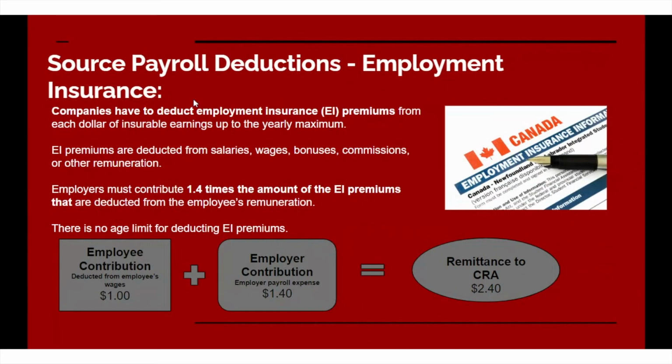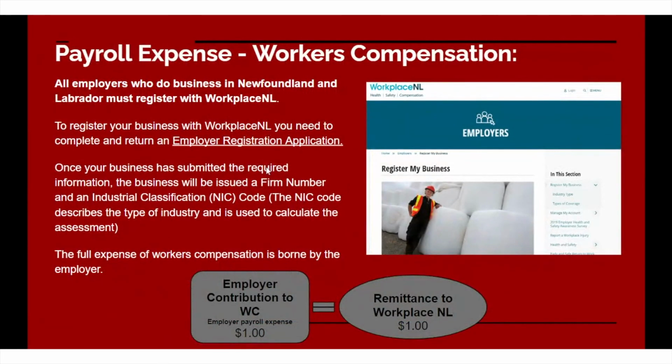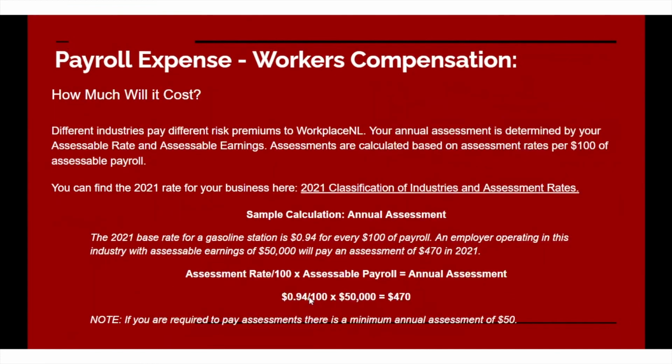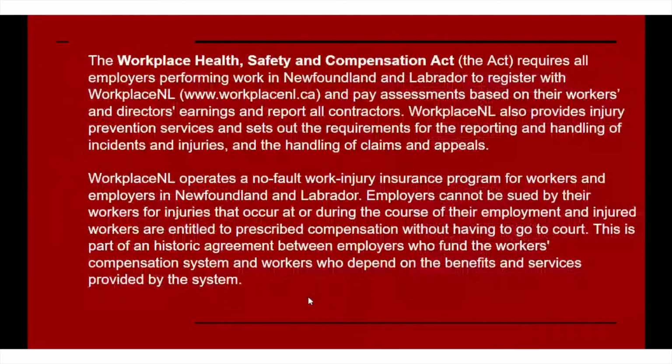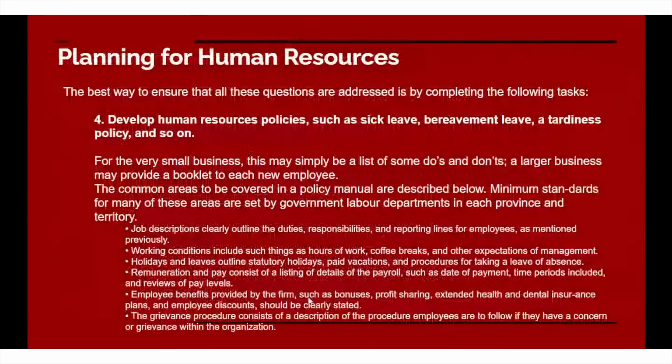You have to contribute to Employment Insurance to the tune of $1.40 for every $1 the employee has deducted. And workers' compensation, you're 100% responsible for that. Whatever the calculated rate is per $100 of payroll, that's what you have to pay. So you can see employing people can be expensive beyond the raw cost of actually hiring them.